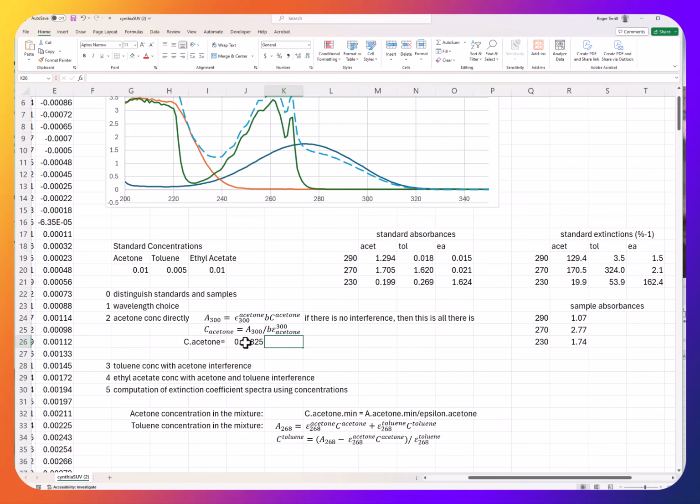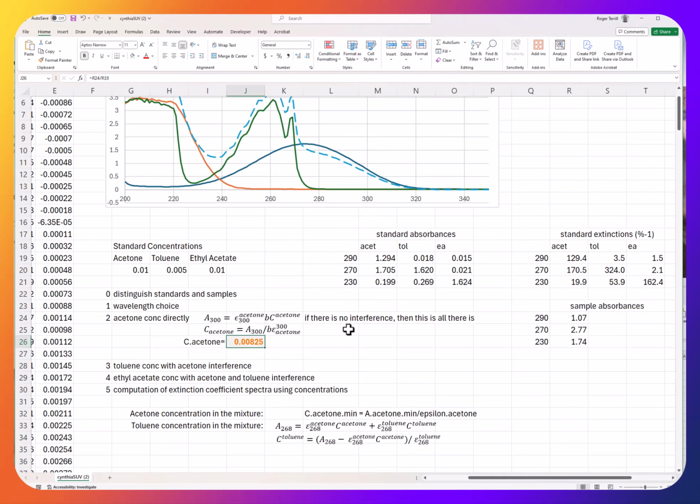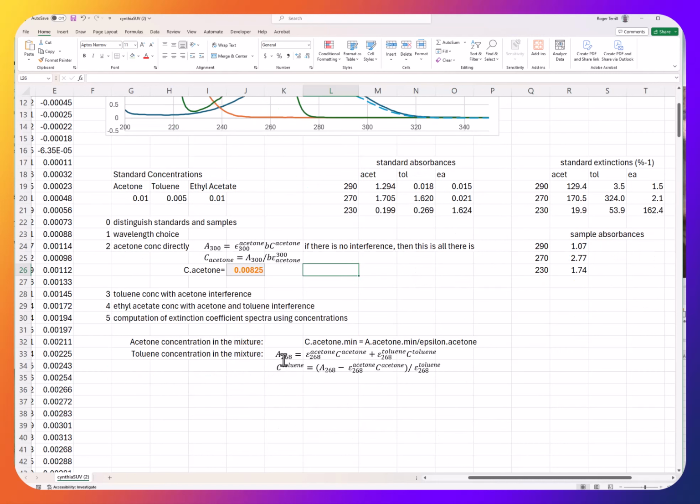So this is our first row calculation. So we can give this a calculation cell style. And then for toluene, we're going to have to use 270, I said 268 down here. But let's just take a look at this for a moment.